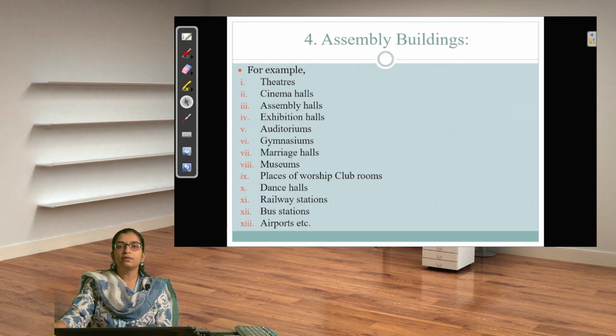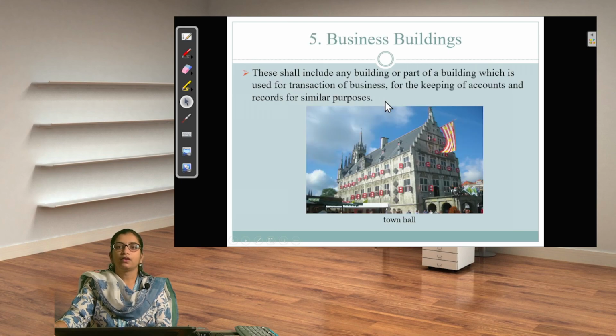In that we include cinema halls, theaters, assembly halls, exhibition halls, gyms, marriage halls, temples. Also in this, we consider the railway stations and bus stands as assembly buildings.